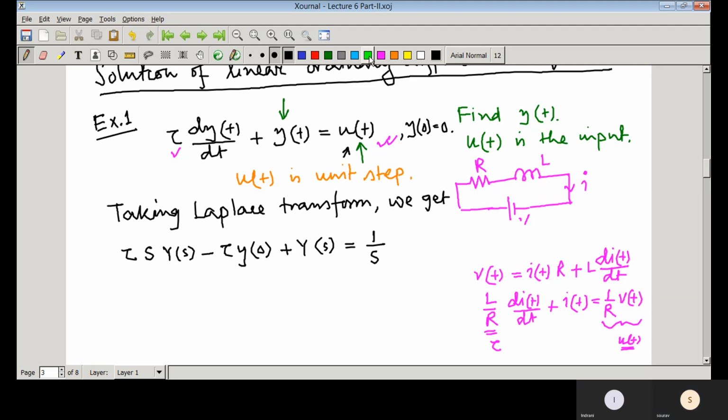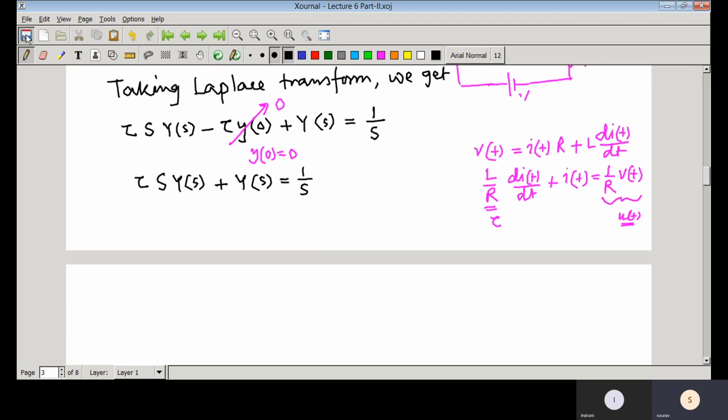As y(0) equals 0, the initial condition term would be equal to 0. So you have the simplified expression (tau s plus 1) Y(s) equals 1/s.